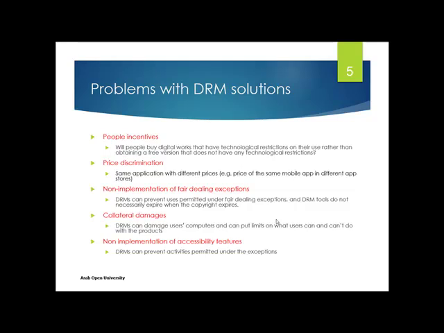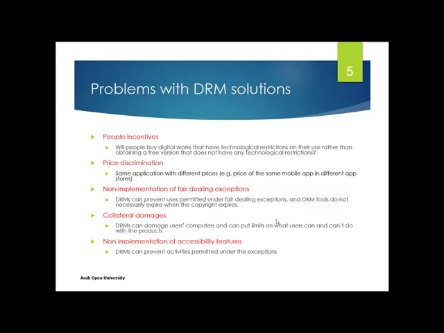So what are the problems with DRM solutions? The first one is people's incentives. Why would someone buy a digital work that has many restrictions rather than obtaining a free version that doesn't have any restriction? The second one is price discrimination. We might have some applications with different prices when DRM is applied.